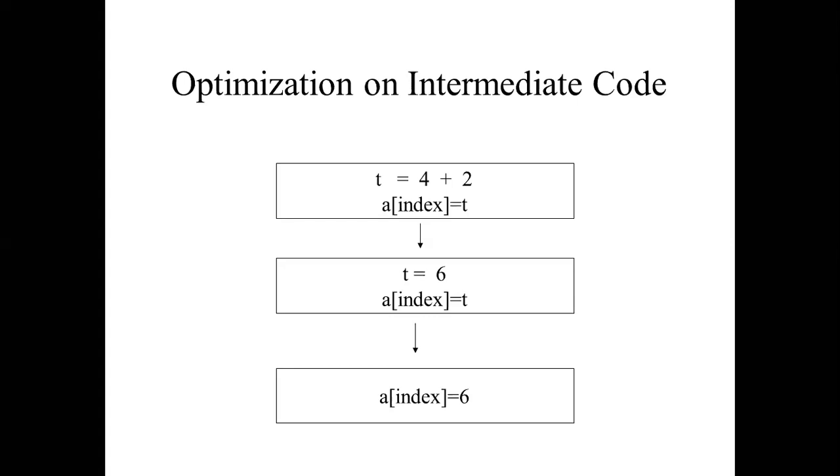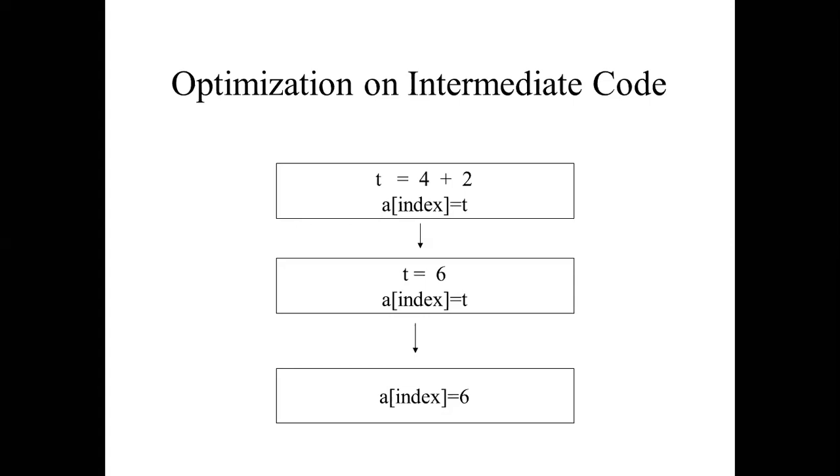In the second box, it assigns 6 to T, and A index is equal to T remains the same. In the third box, you can check yourself, A index is equal to 6. We are just replacing the temporary variable by the value.